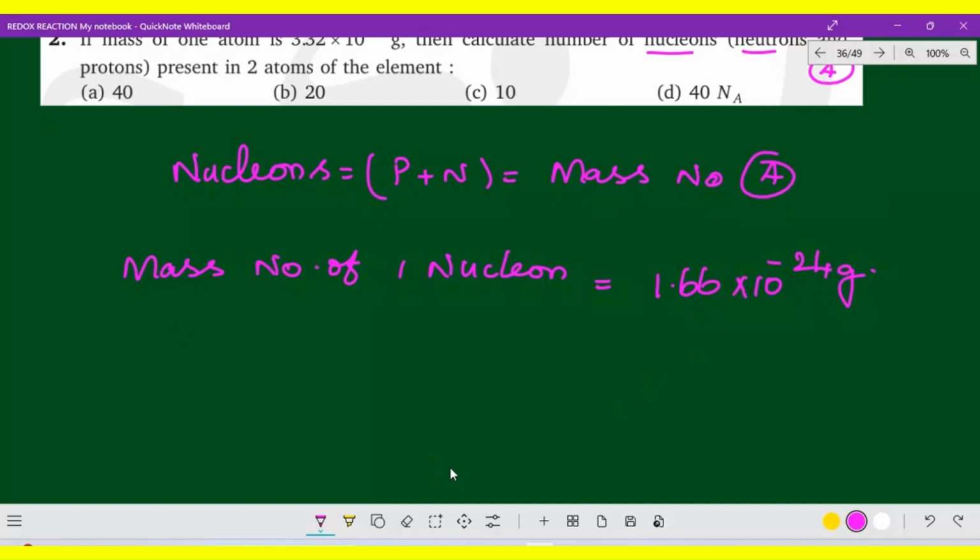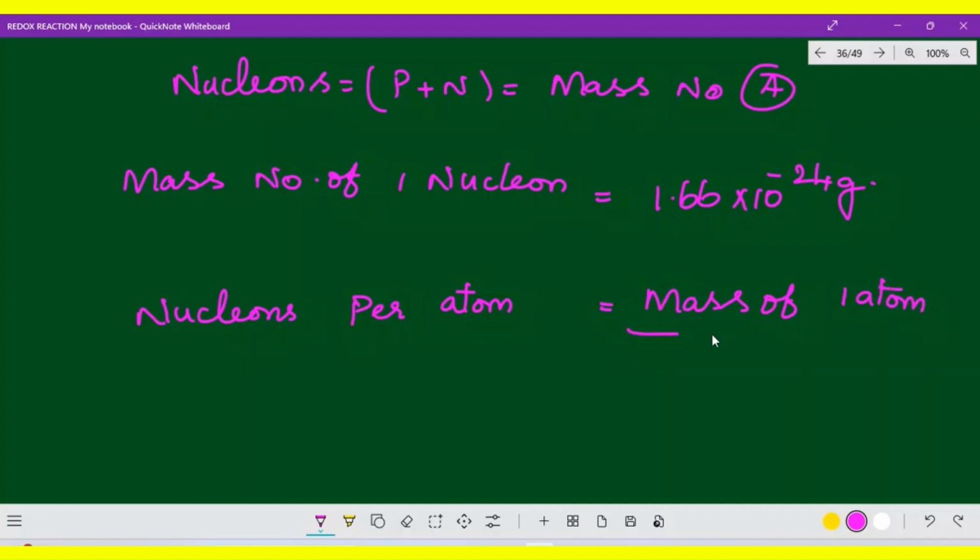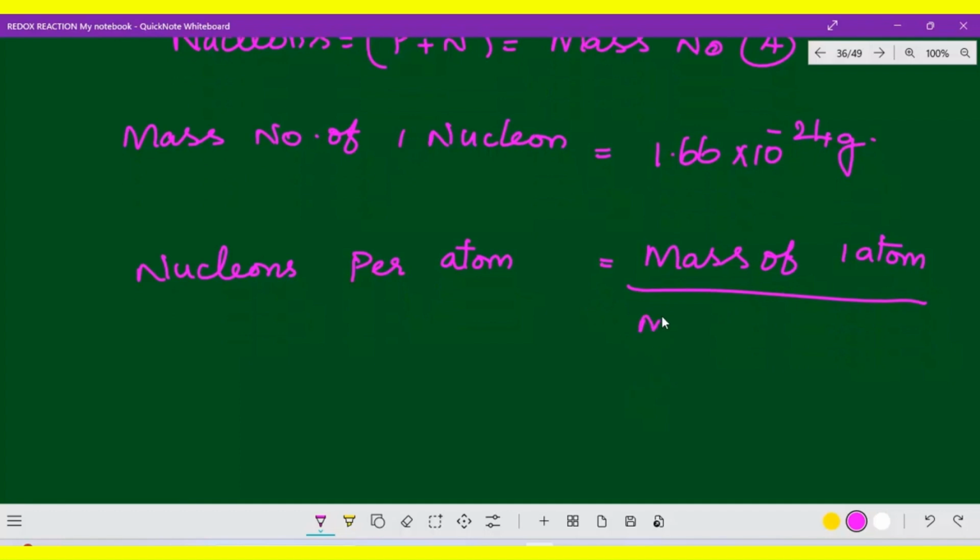Now, nucleons per atom is equal to the mass of one atom divided by the mass of one nucleon. So what answer will you be getting?